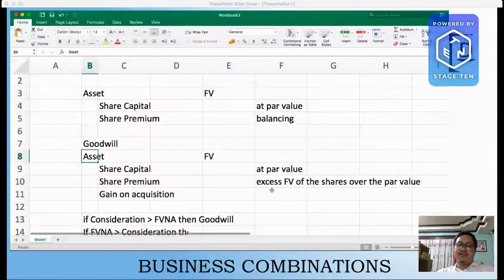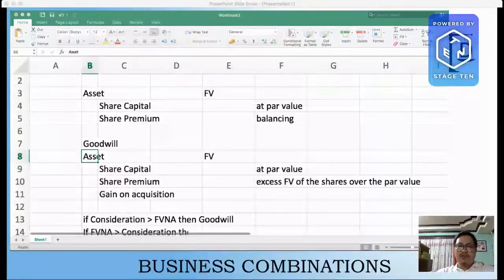And the fair value of your shares issued may not reflect the fair value of the net assets acquired. Because of that possibility, you will have to have a balancing account. And depending on which side is lacking, it will result in a goodwill or a gain on acquisition. Now let's go back to the problem, class.